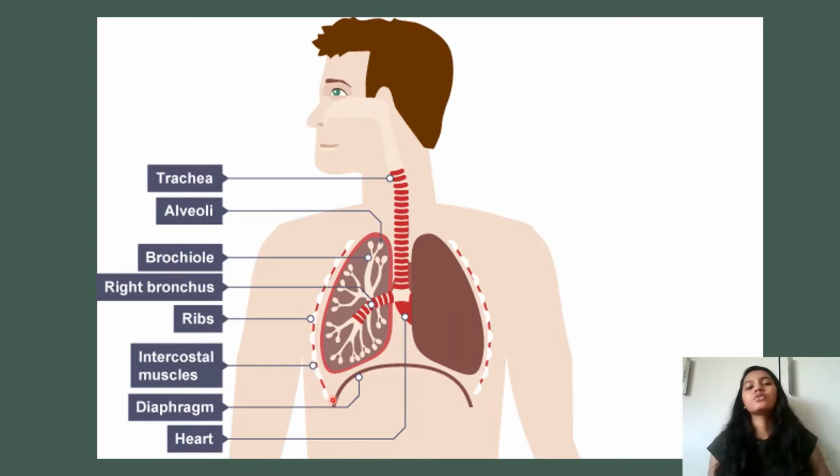These are new names, so you'll probably know the trachea, alveoli, bronchus, ribs, etc. But the intercostal muscles are a new structure that we're going to learn about. Their role is quite important, and you should be able to understand the role they play in gas exchange. So that is basically the diagram that you need to know by heart.